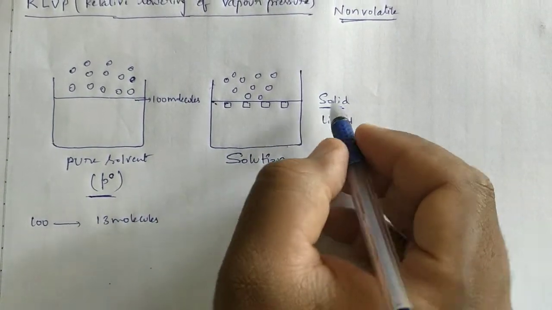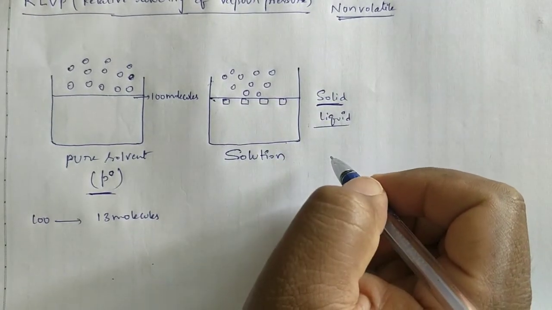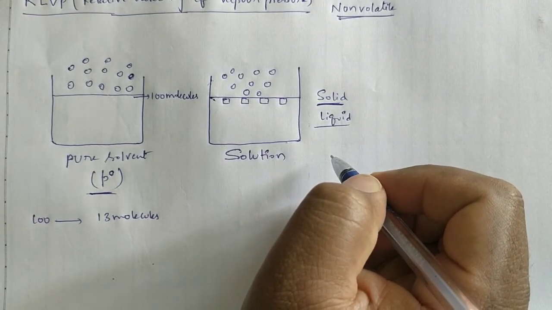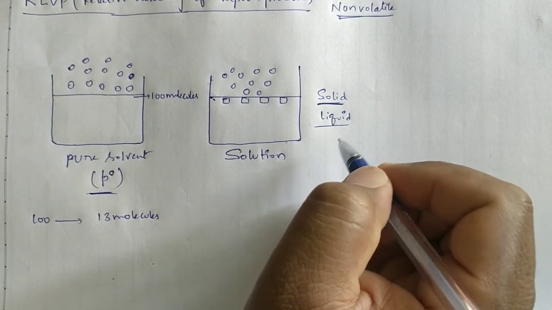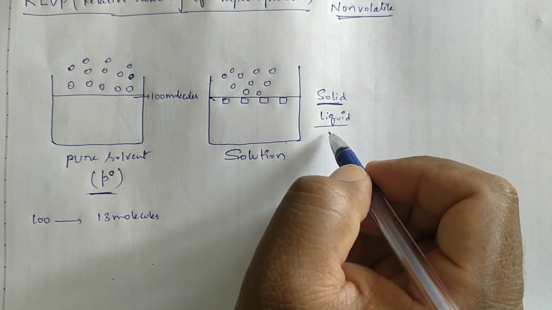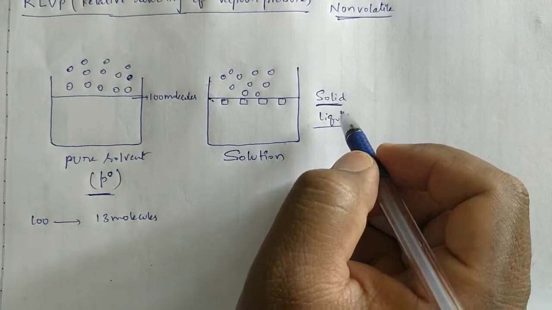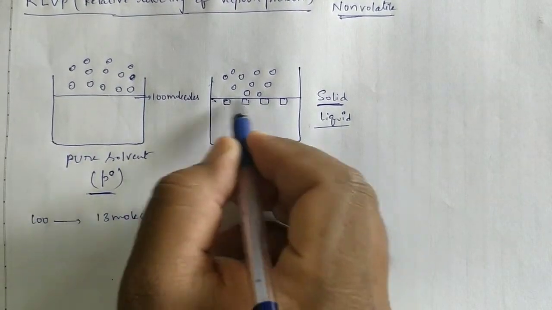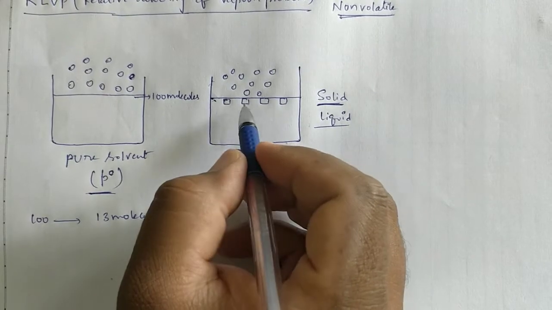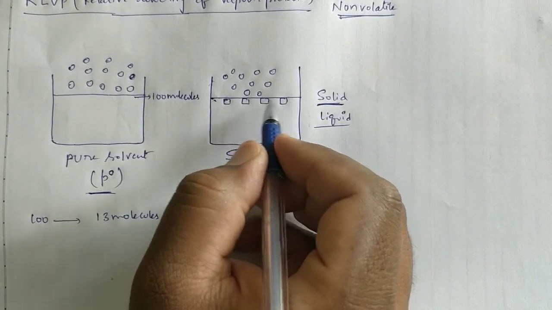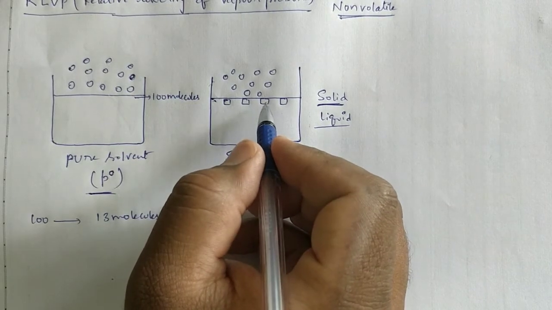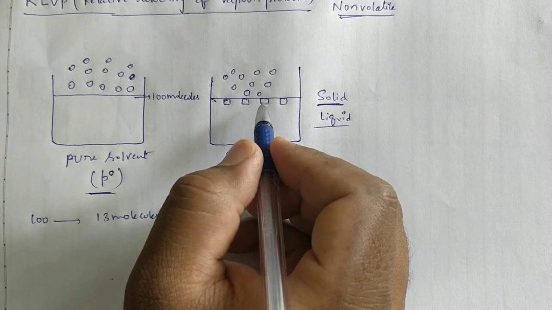Now coming to the solution. Solution has both solid and liquid. When solution has both solid and liquid, definitely on the surface some solid particles are also there. Already I told, on the surface some solid particles are going to occupy some positions.